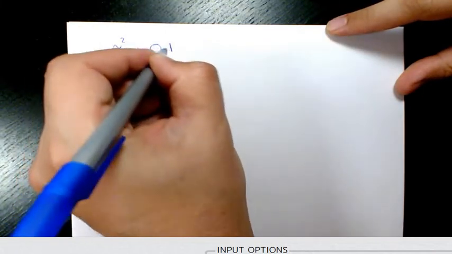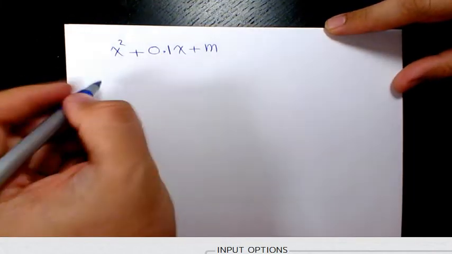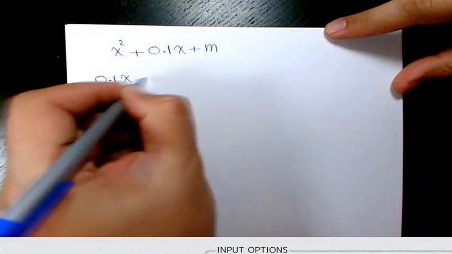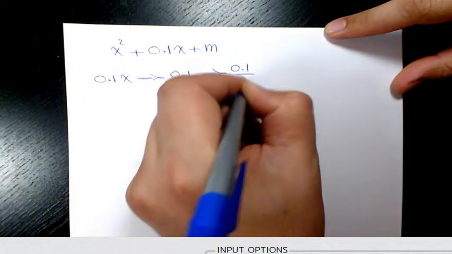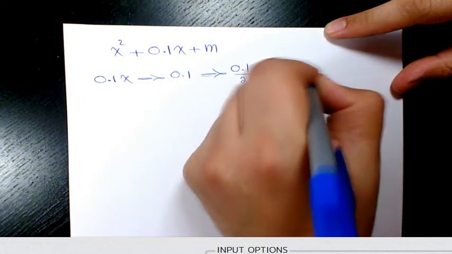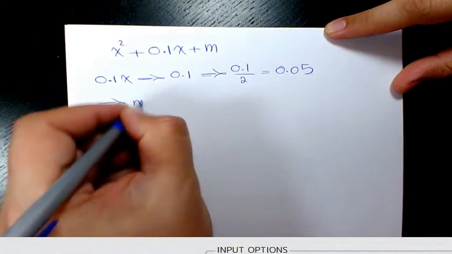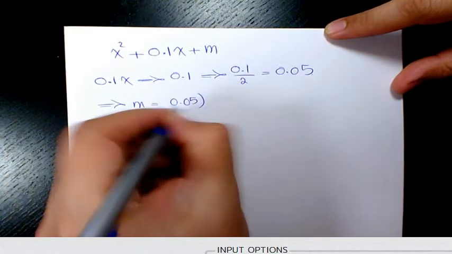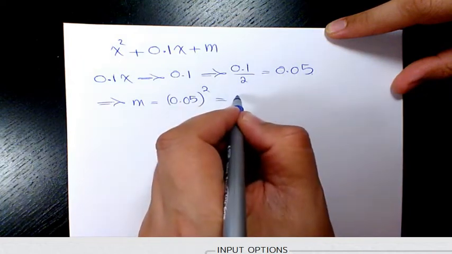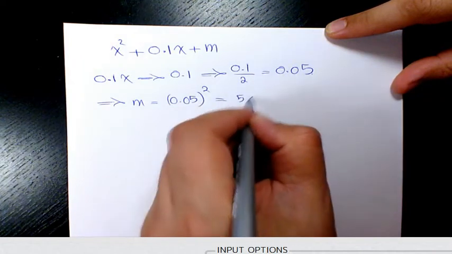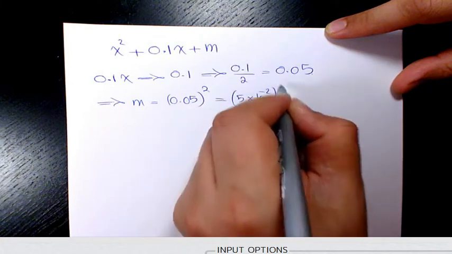Next example, x squared plus 0.1x plus m. So we have 0.1x, therefore the coefficient is 0.1, divided by 2 is going to be 0.05, then m will be 0.05 to the power of 2, which is going to be 5 times 10 to the power of negative 2, to the power of 2.